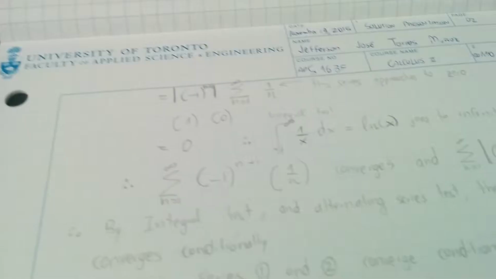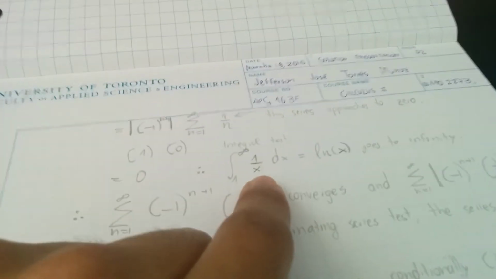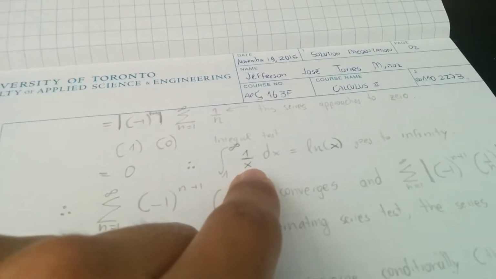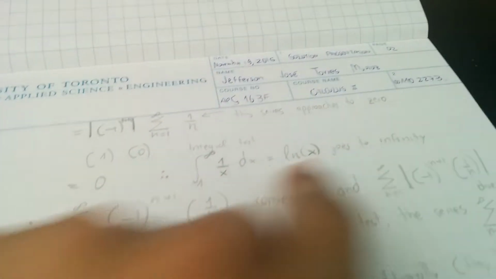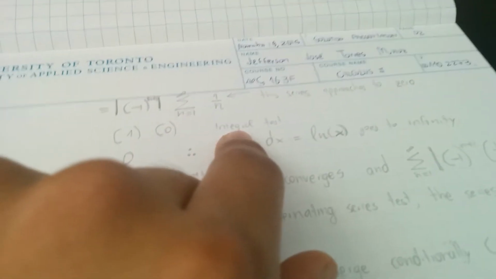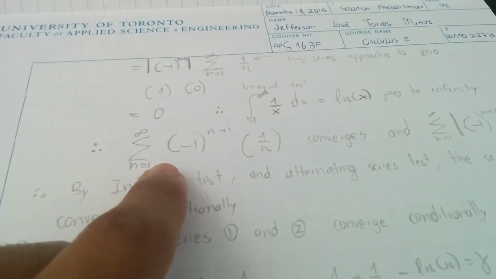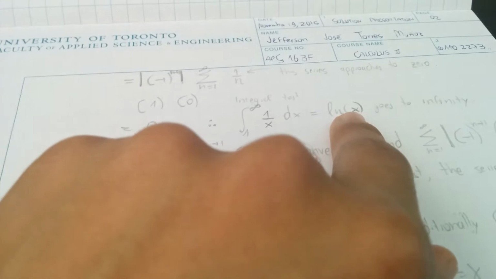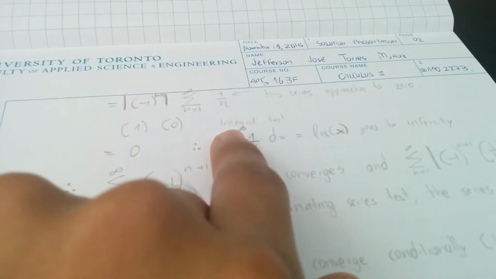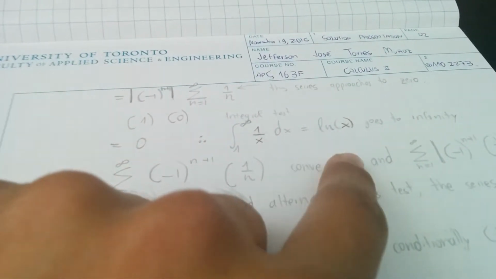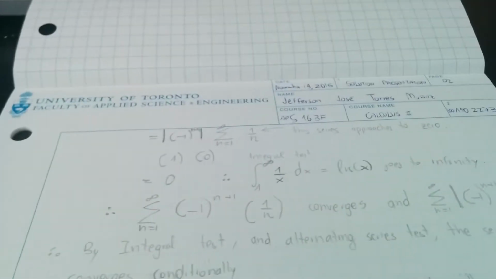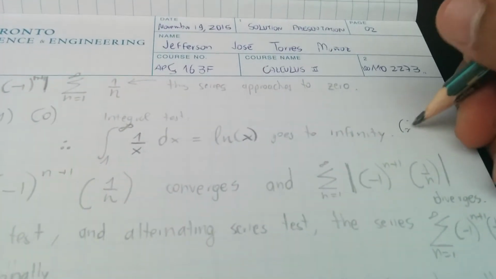If we prove that by the integral test, we will know that this series will go to infinity, as we are taking the integral from 1 to infinity. So in this case, if we take the absolute value, we will realize that our series, by the absolute value, will diverge.